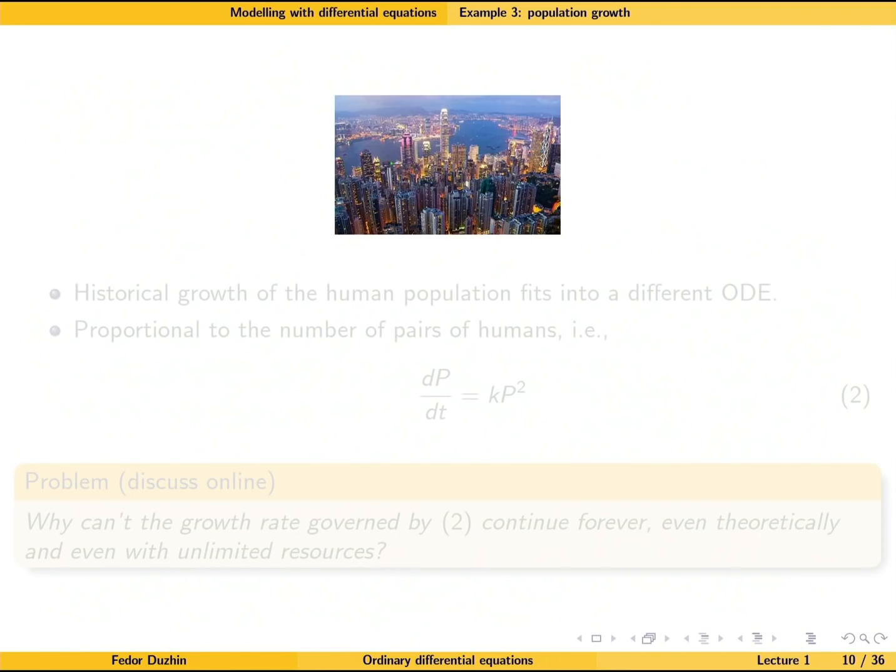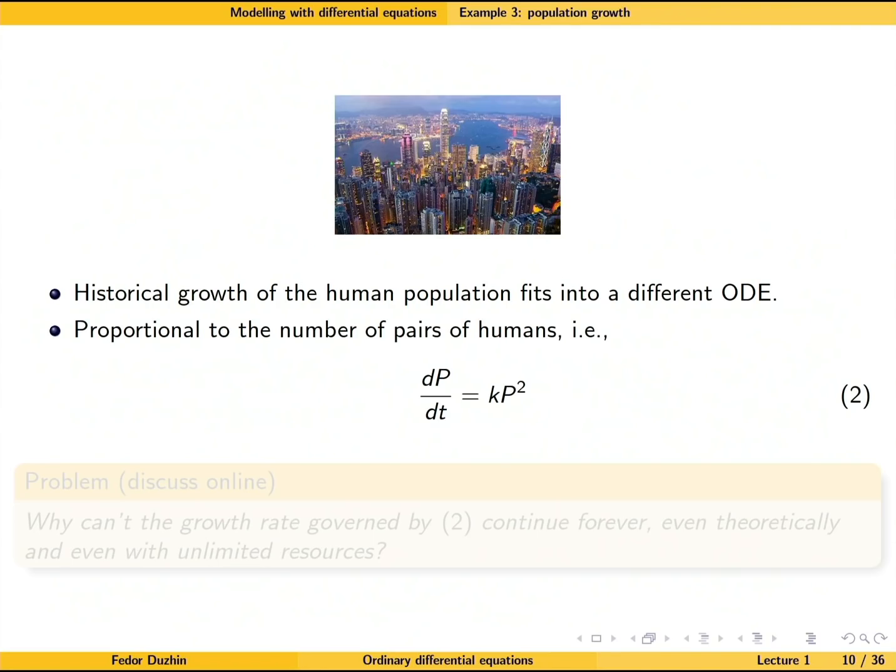Well, then a little challenging question for you is the following: if you try to figure out which differential equation the population of humans satisfies, then you will see that the growth rate is proportional not to the current population, but rather to the number of pairs of the current population.